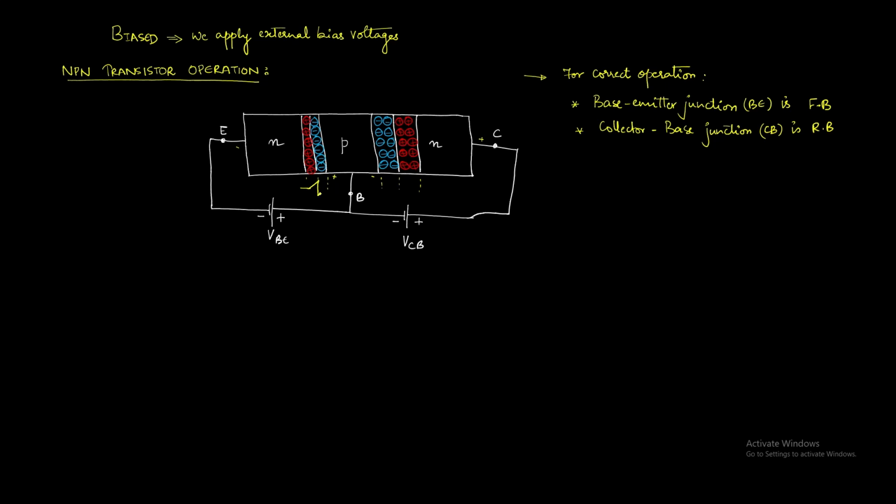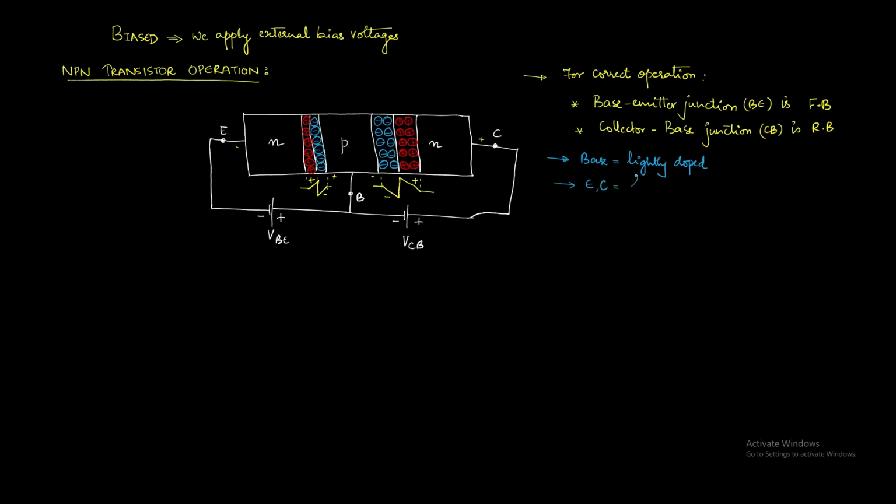Since I am forward biasing, the width of the depletion region becomes narrow, and the width of the depletion region at the PN junction becomes wide because it has been reverse biased. That is what we understood when we looked at the PN junction diode, right? When you are forward biasing, the width of the depletion region becomes narrow, while it becomes wide when it is reverse biased.